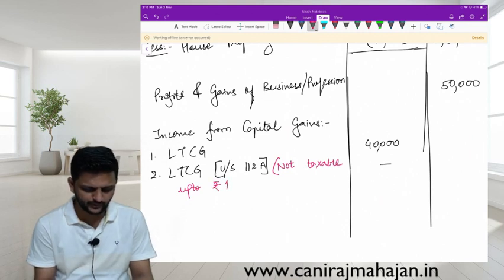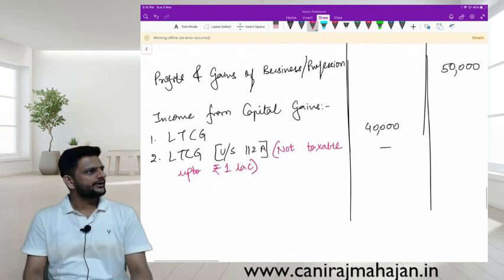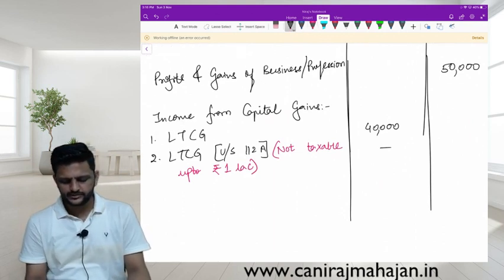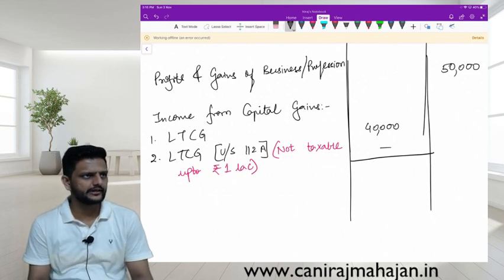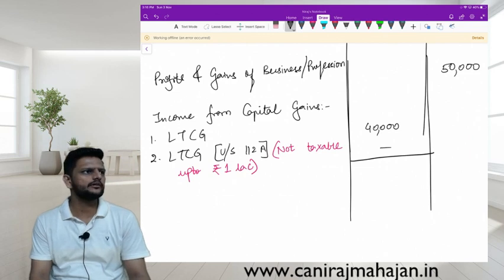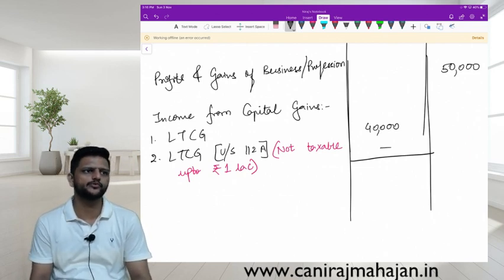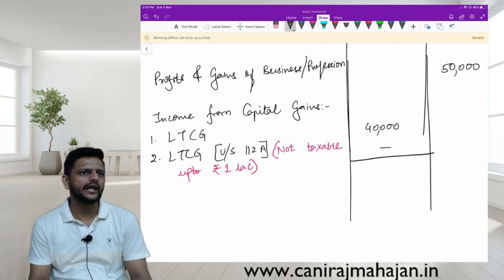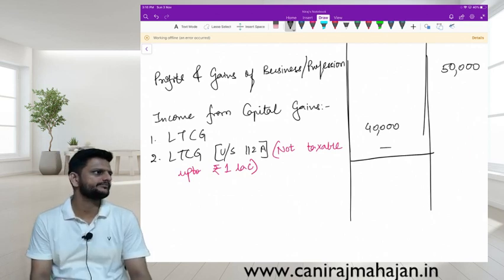LTCG of 112A income is nil. They have given it to you separately for the same reason. Do you remember the exemption threshold limit of 112A, which is rupees 1 lakh? How much is earned? 10,000, not taxable.